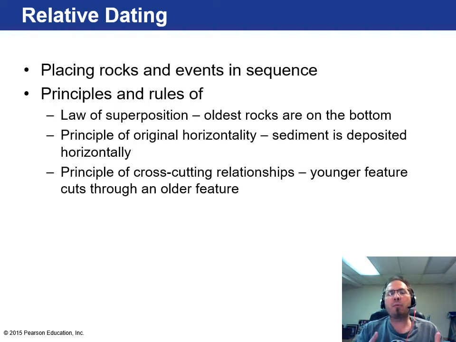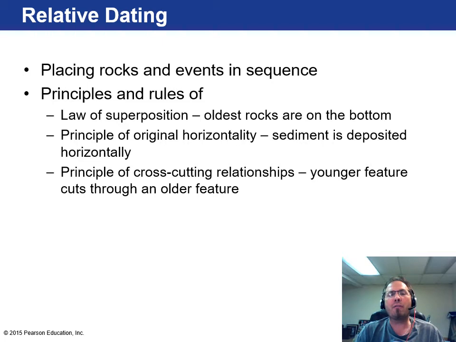So they started placing rocks and events in sequence. Places like the Grand Canyon are the easiest to understand this from, and you'll see images of that through these slides, because it's a deep canyon with lots of geology in it. That's where these principles and rules come into play.